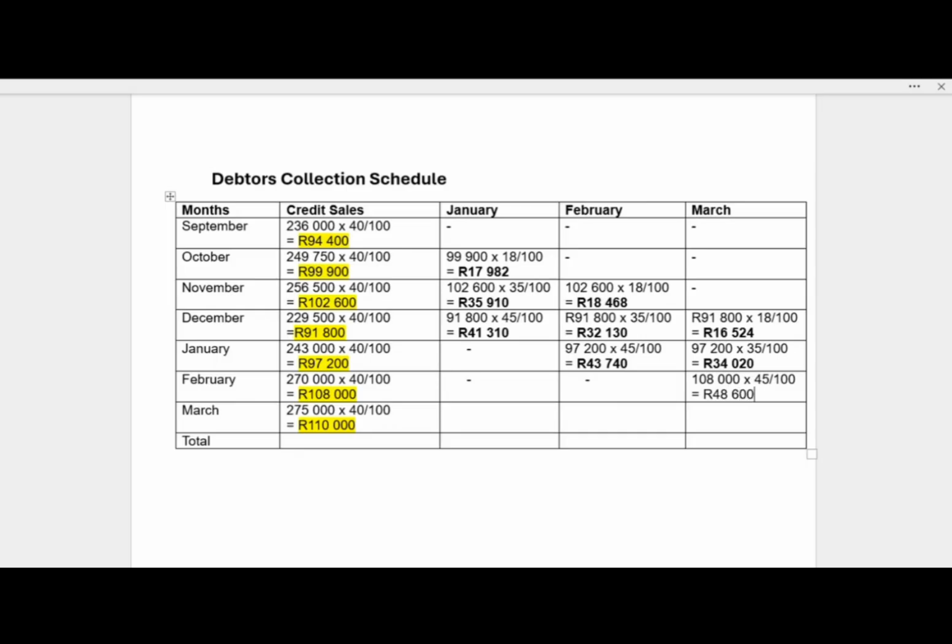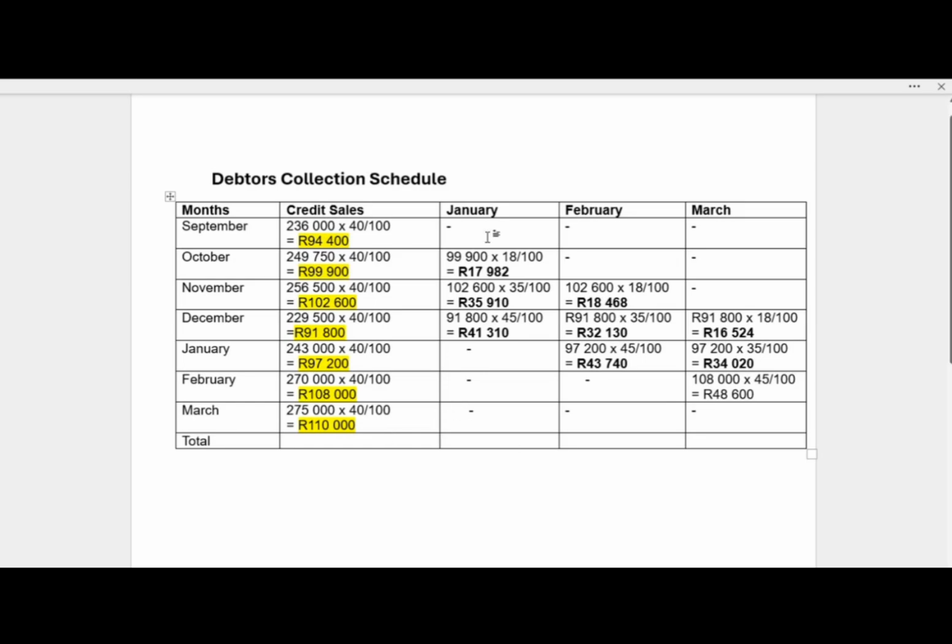All right, and then we are done with the month of February. Right, we collected, and then for the month of March, we cannot collect during the month of March. We have to collect the following month. Therefore, we're not collecting anything even in February, and we're not collecting anything even in January. And then we'll be done. All right. Then we'll be done with that.